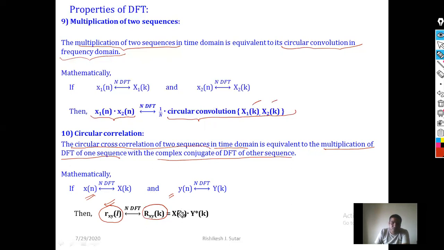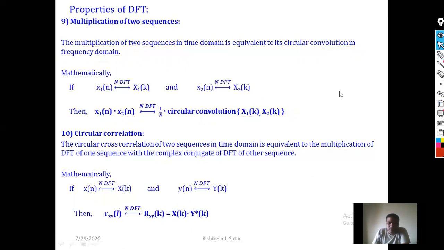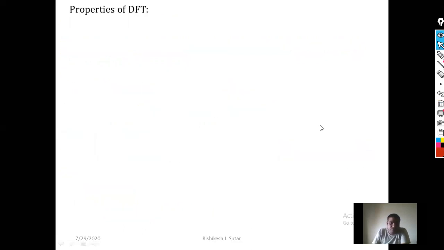That is equal to multiplication of one DFT as it is and the complex conjugate of another sequence's DFT. So that is the correlation theorem. Okay. So let's go further.